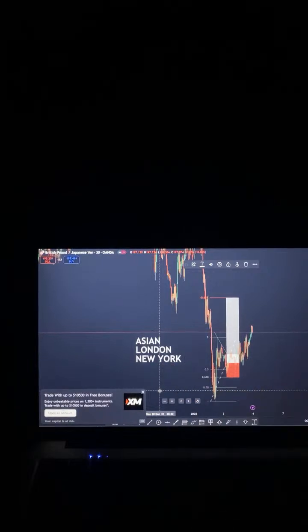But what I want you to take note of is that the most preferable instrument to trade during Asian session would be GBP JPY.